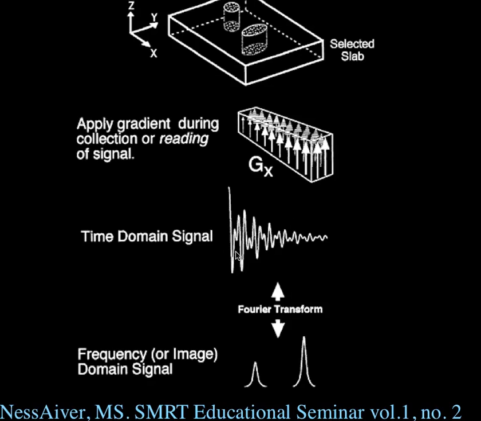We'll get a very complex signal coming back. And then if we do a Fourier transform to find out how much energy we have at different frequencies, you'll see that we'll have a little bit of energy at a frequency corresponding to the small beaker, and a lot of energy at the location corresponding to the big beaker. That all makes sense?